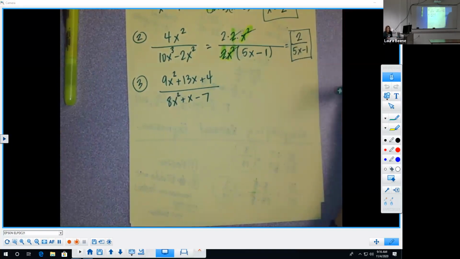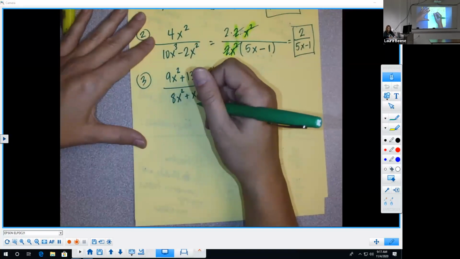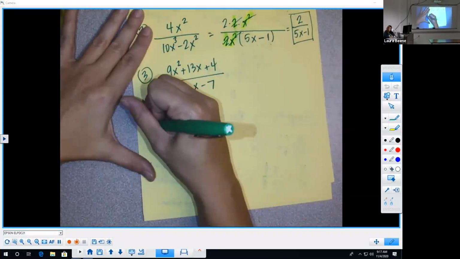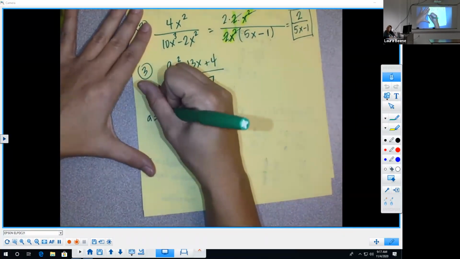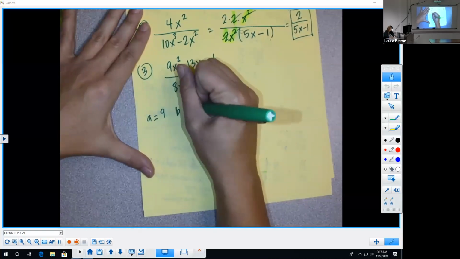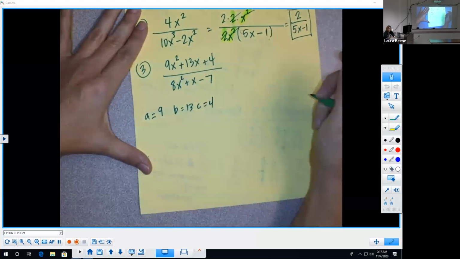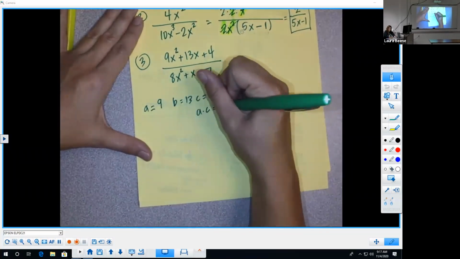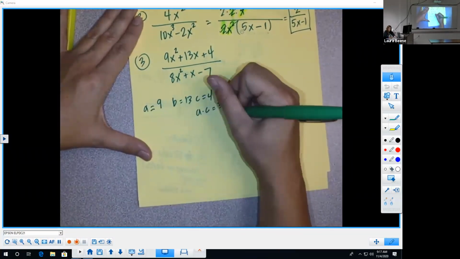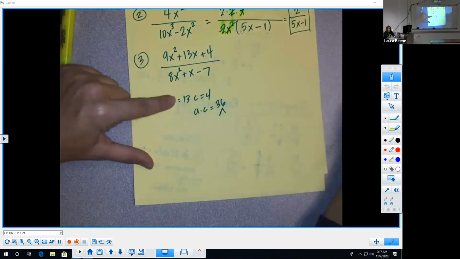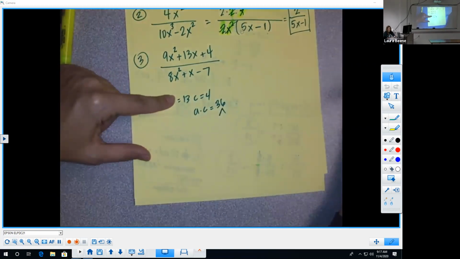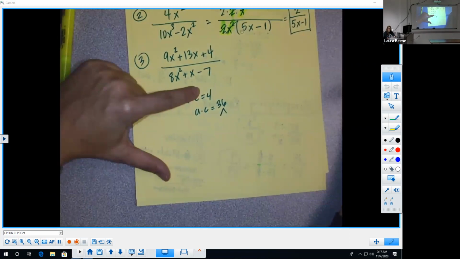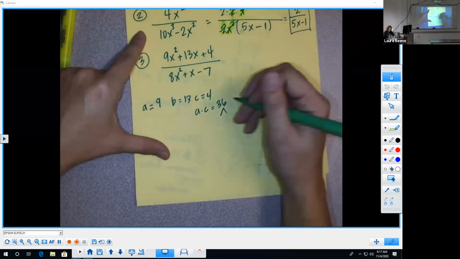AC method, right? Is this a shortcut problem? No. So I'm going to come over to the side or down on the bottom. A is 9, B is 13, C is 4. A times C is 9 times 4, which is 36. What two things multiply to get 36 and add to get 13? 9 times 4, right? 9 plus 4 is 13.